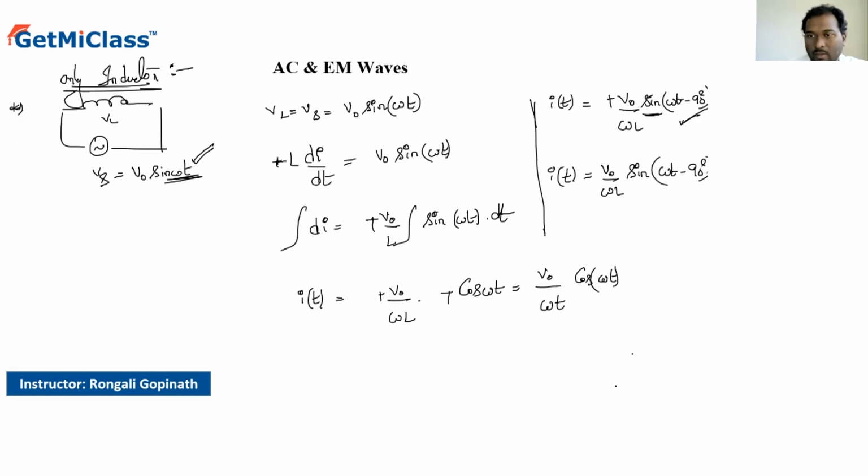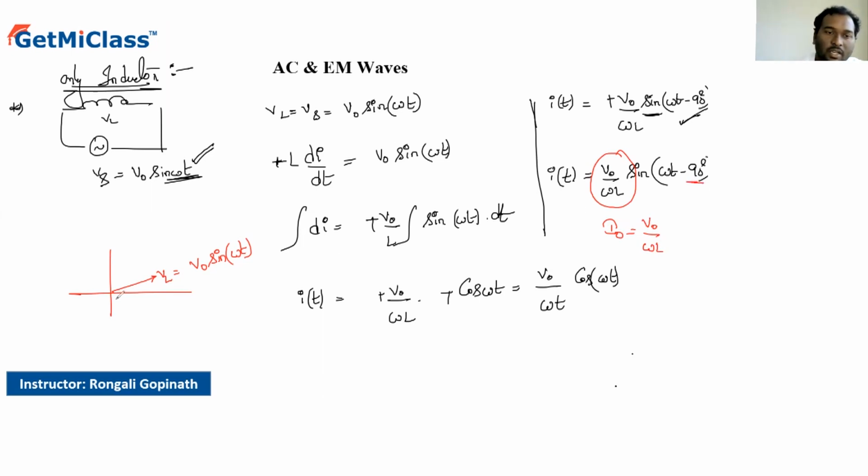What can we understand about the phase? If you put it in a phasor diagram, you can see that the voltage of the inductor V_L is like this, which is V naught sine of omega t, whereas the current has a different amplitude, which we call I naught, which is V naught by omega L, with sine of omega t minus 90 degrees.